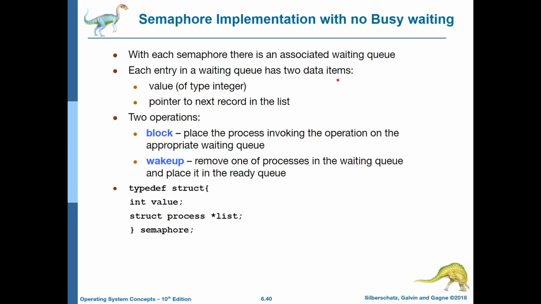So, if we want to do this without busy waiting, we can actually create wait queues. Remember that processes have states, and there's a waiting state. And in that waiting state, there are lots of different queues for I/O, queues for timers, etc. Well, we can actually create a new queue for semaphores. Each semaphore can have a waiting queue.